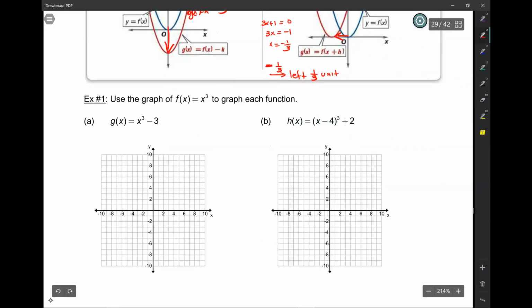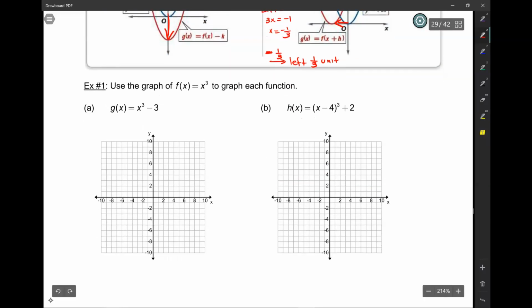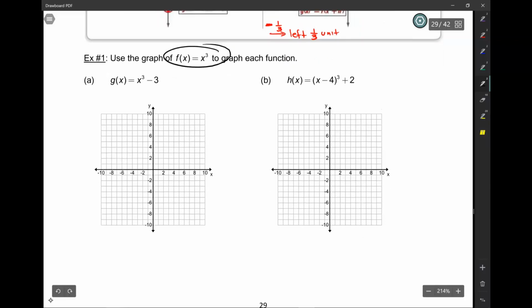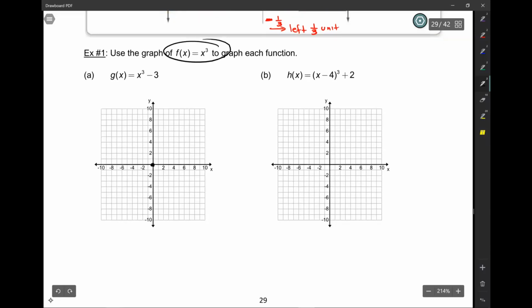Okay, so we're going to use everything we've learned to graph some of these. All right. It says here to use the graph of f of x equals x cubed to graph. So just once I'm going to graph the parent function, and then we don't have to anymore. So this is an x cubed. It's an odd function. It goes up on one side, down on the other side. Here's the center. If I go in the positive direction 1 unit, it goes up 1 cubed.